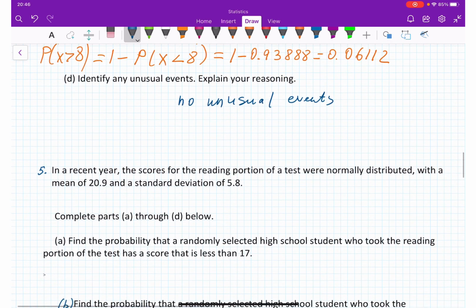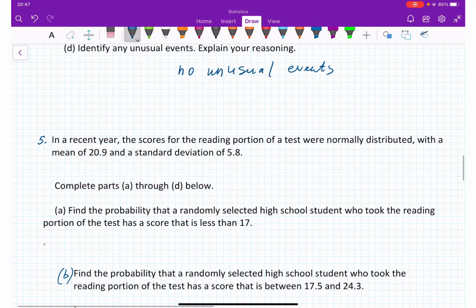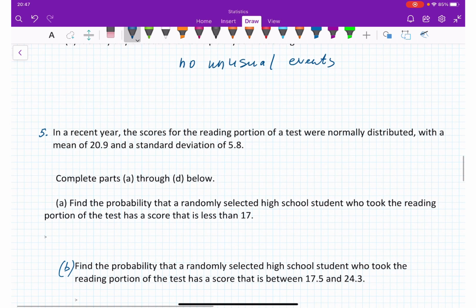Okay, question number 5. So, in recent years, the scores for the reading portion of a test were normally distributed with a mean of 20.9 and standard deviation 5.8. So mean, mu, is 20.9, standard deviation is 5.8.